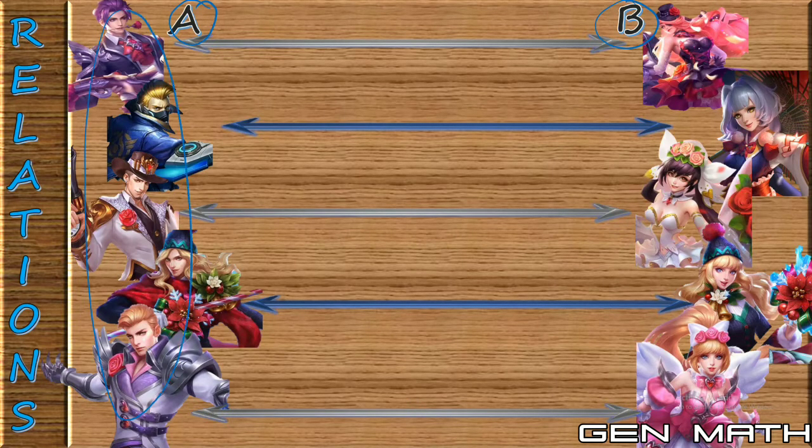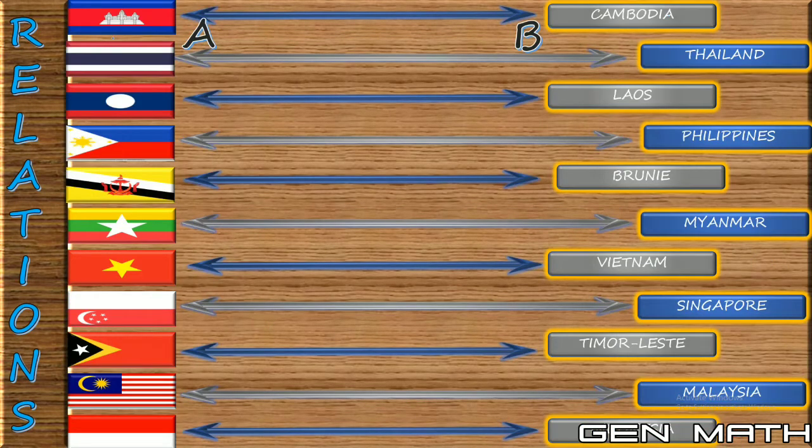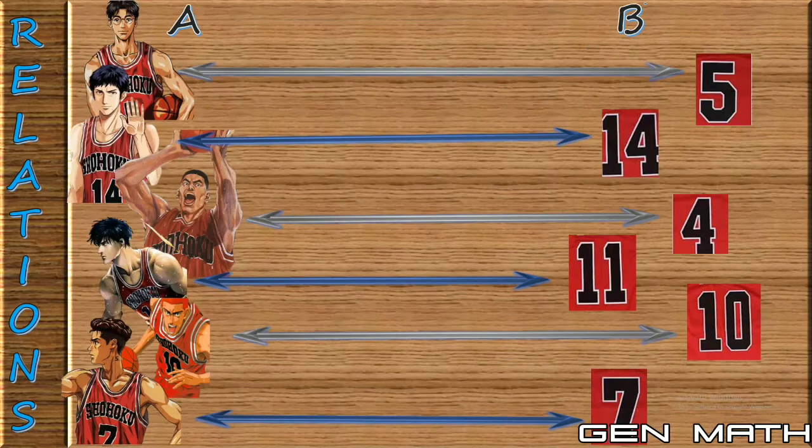These are a group of male characters and these are a group of female characters. Here in set A, these are a group of flags, and in set B, these are a group of Southeast Asian countries. In this example, in set A, these are all basketball players and a team, and in set B, these are all numbers.